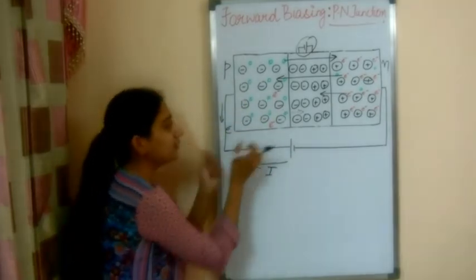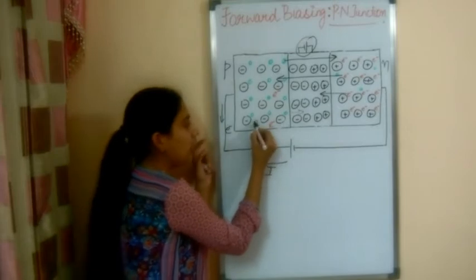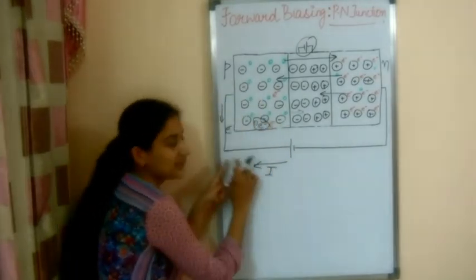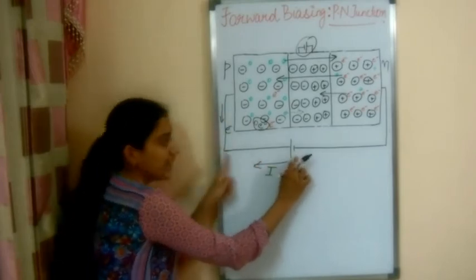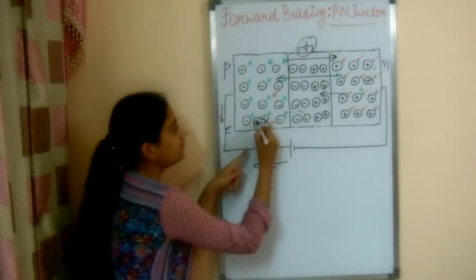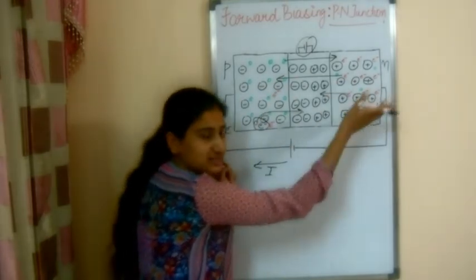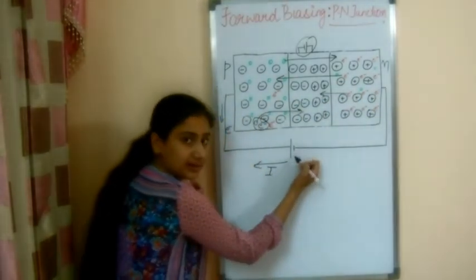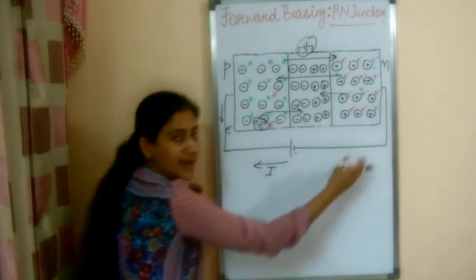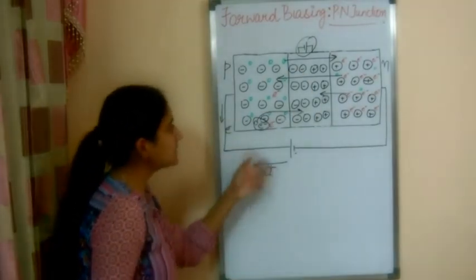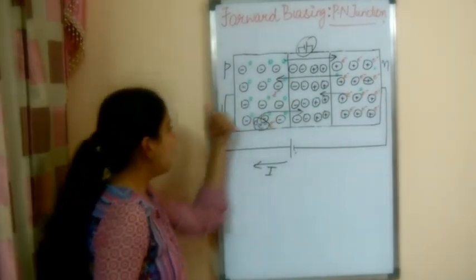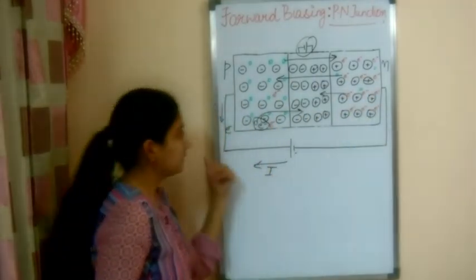So what happens when the bond breaks here? A hole as well as an electron is generated. The electron will move towards the P terminal through the external circuit, and this hole will start moving towards the junction, that means towards the negative terminal from the N-type semiconductor. So this is how the current flows in the junction and the outer circuit is covered.